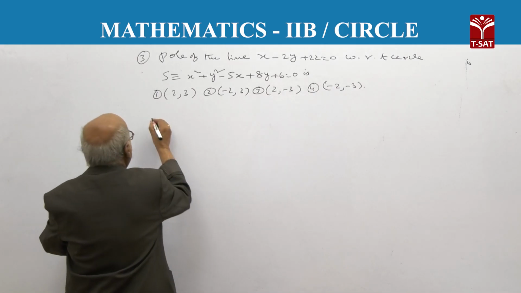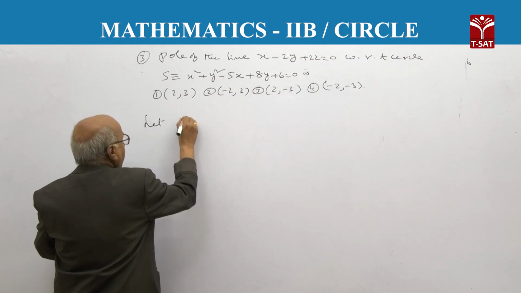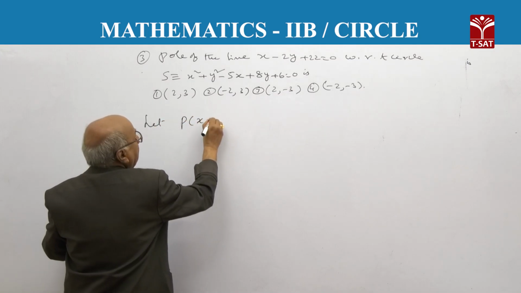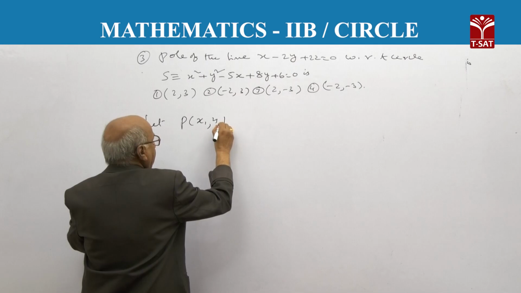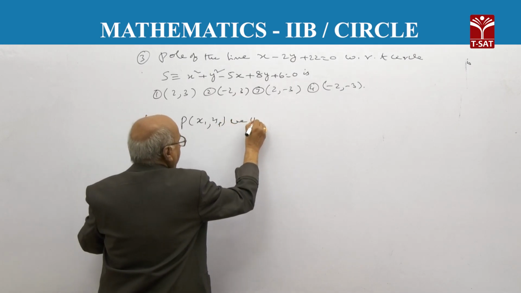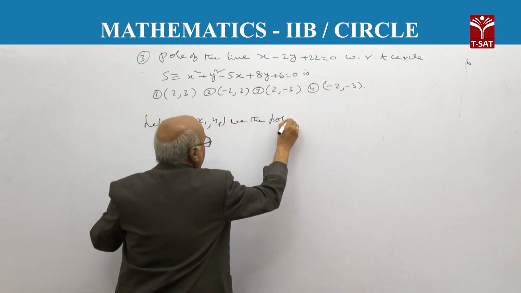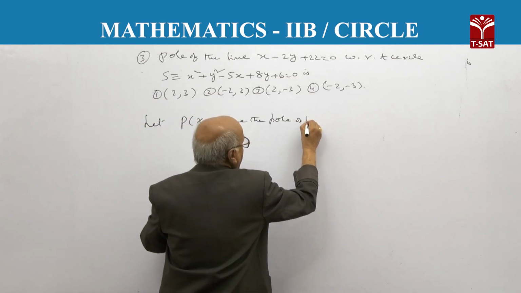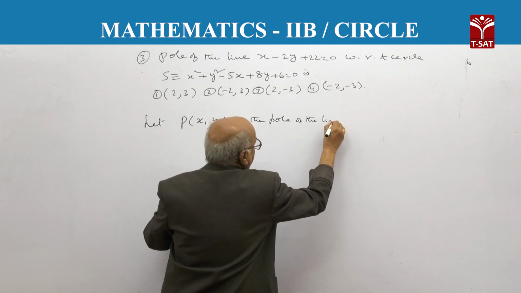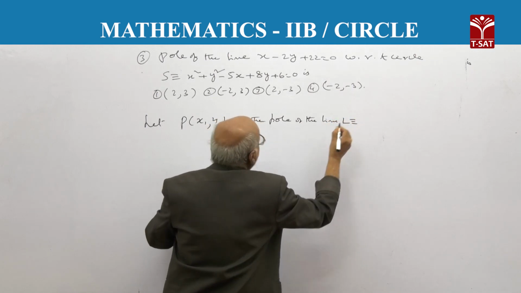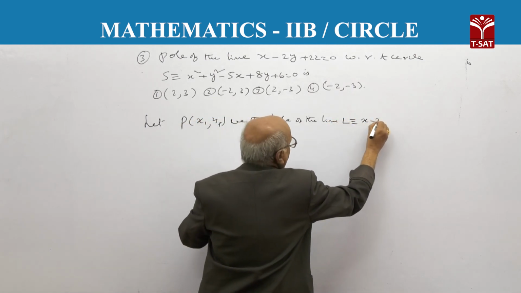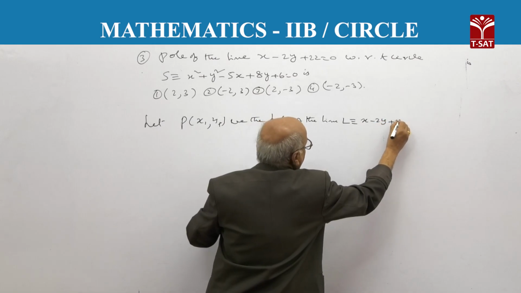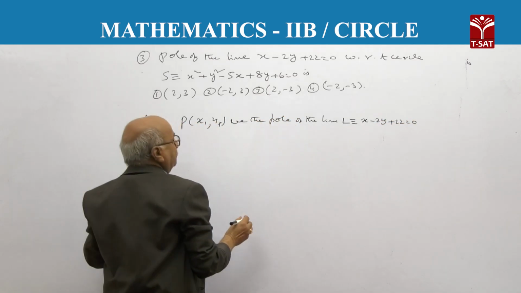So now you can take, let P(x1, y1) be the pole of the line L equal to x minus 2y plus 22 equal to 0.